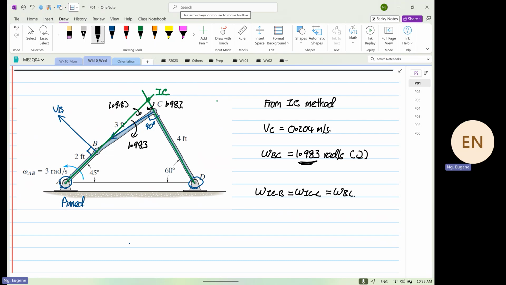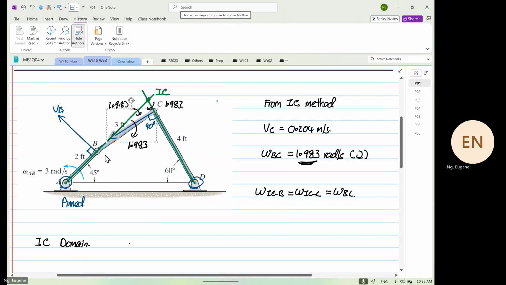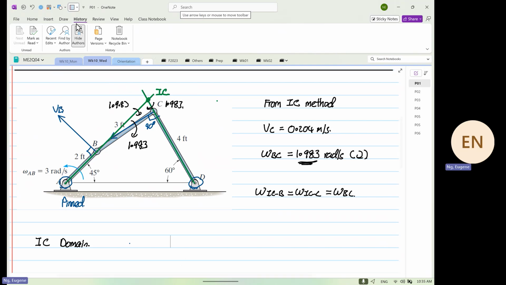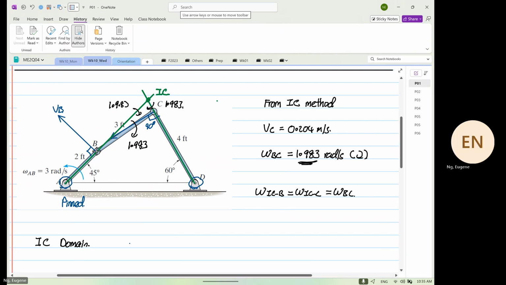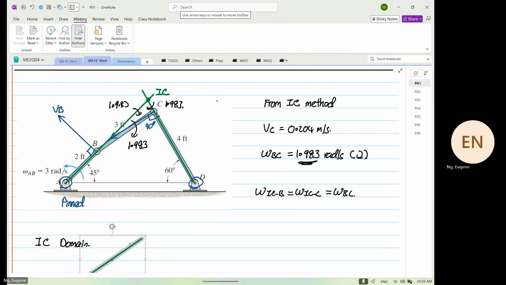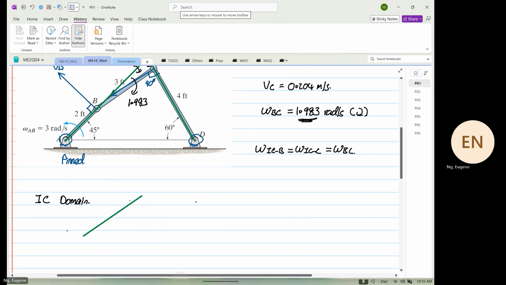Yes or no? So if we look at the IC domain, if I were to draw another green line, this is our member BC.